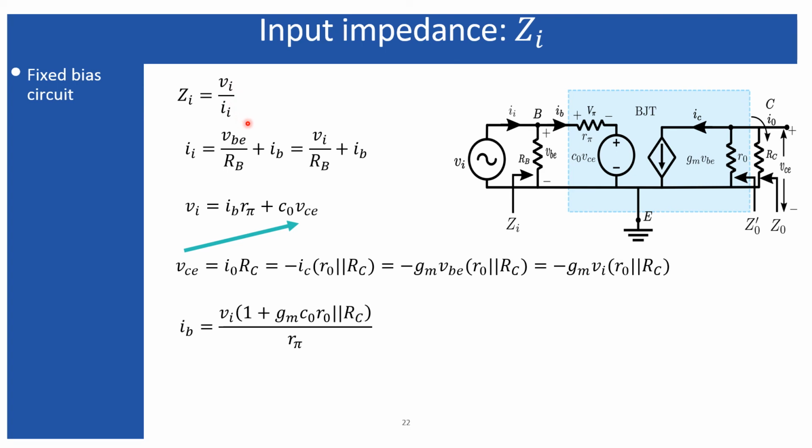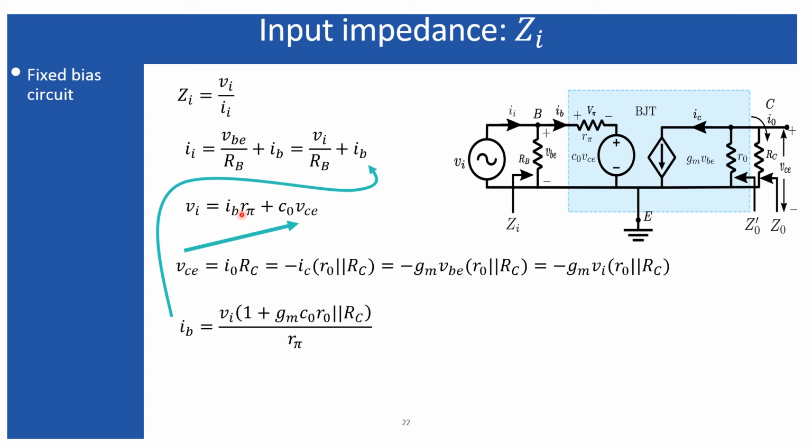Wherever I have any variables other than VI and II, I have to replace all of them. So first of all, I have replaced this VC from this expression. Now I have obtained this expression for the IB current, and I need to replace this IB in this expression.